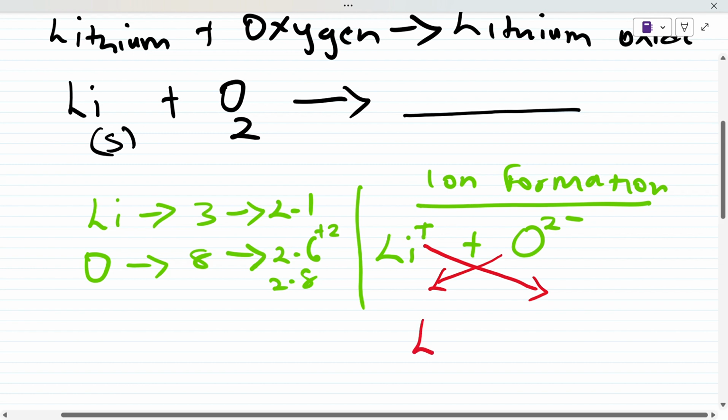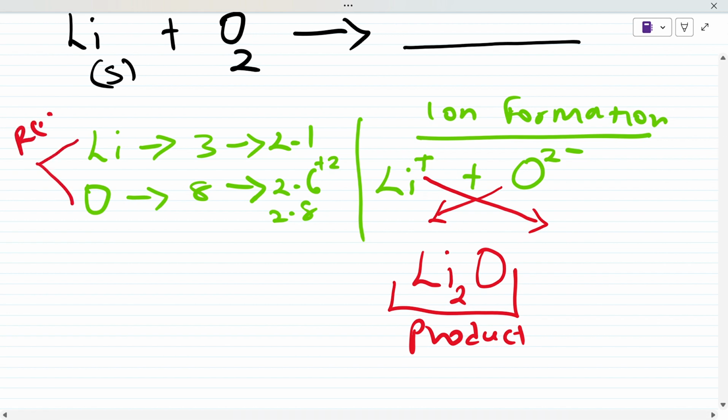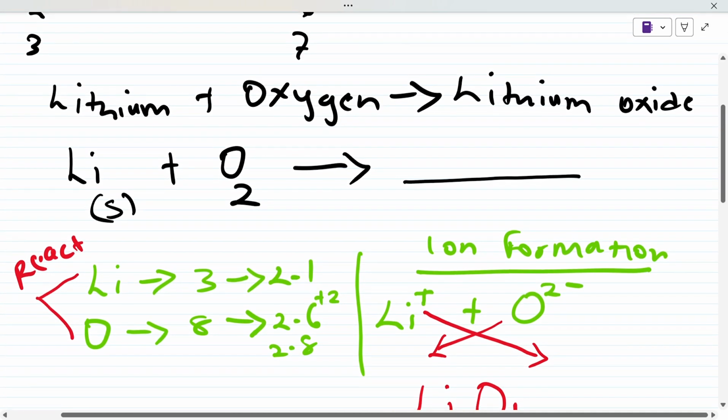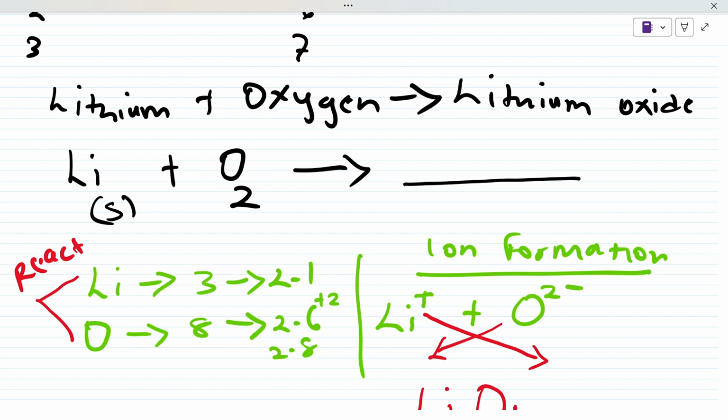I'm going to have lithium 2 giving me this product. So it is this product that is going to be formed whenever lithium and oxygen react. So this is the product that we are supposed to go back to our chemical equation and fill in.